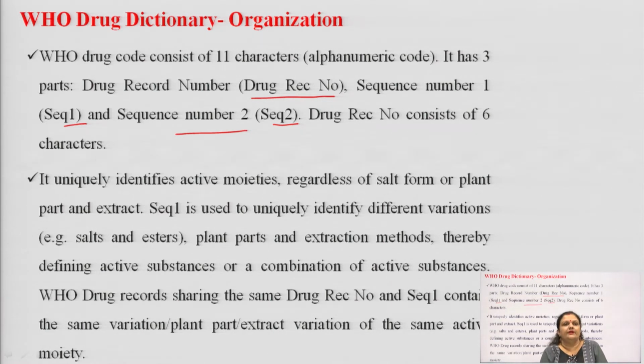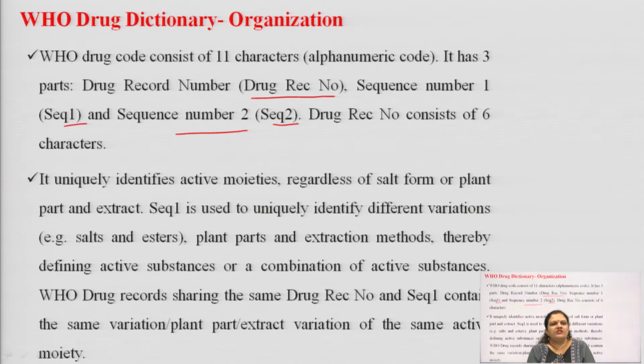When we are talking about the herbal plant part and the extraction method, these should be clearly informed, thereby defining active substances or a combination of actives. Combination means either we take two herbal products, a polyherbal formulation, or we combine the herbal drug with a semi synthetic or synthetic drug together as a concomitant treatment for any disease.